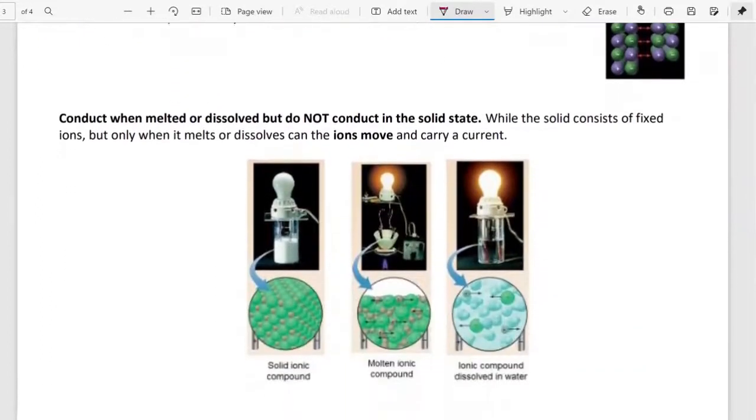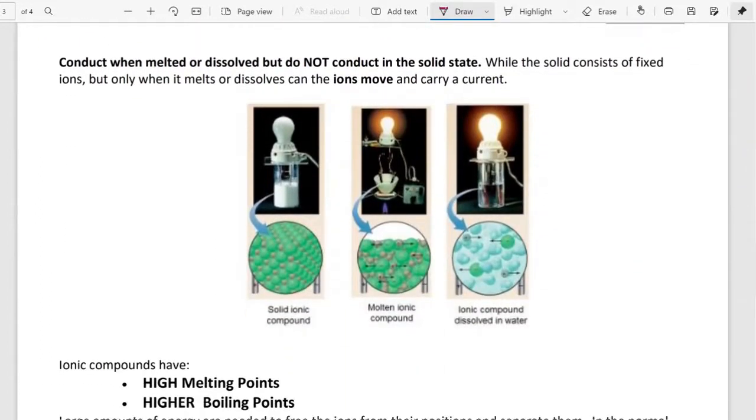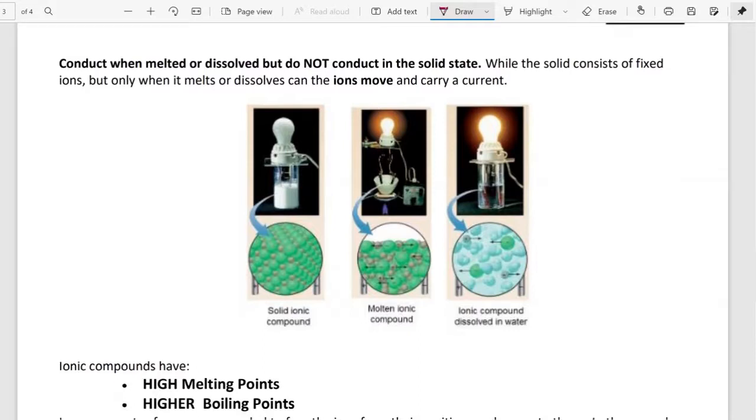The other thing that makes it different than metallic bonding is that ionic solids can only conduct when melted or dissolved, but do not conduct in the solid state. So just remember, when we talk about conducting, there has to be a charge that can move. With solid ionic compounds, there is a charge there.